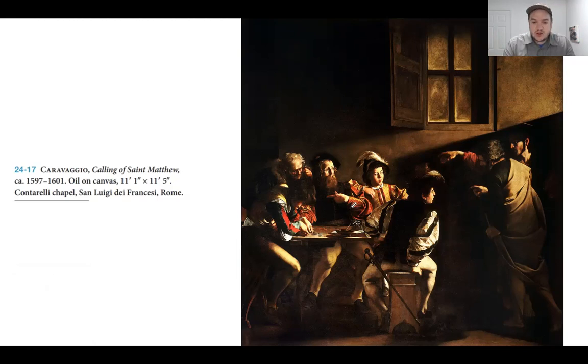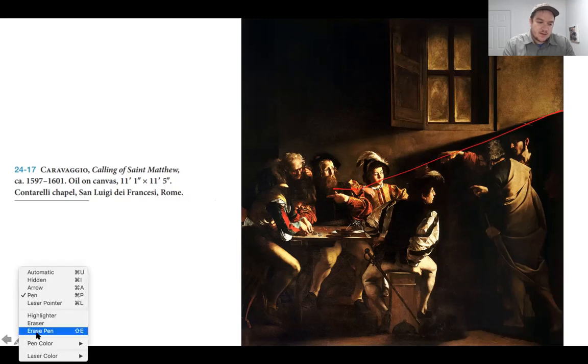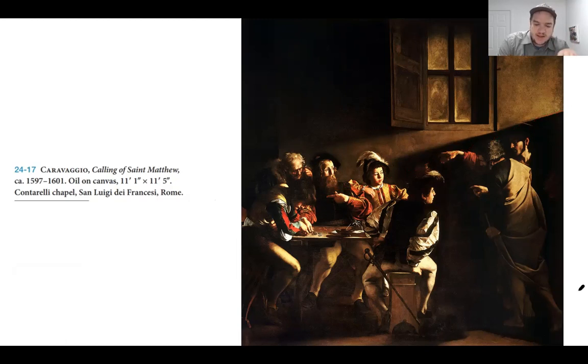So yeah, Jesus is calling on St. Matthew here, and we get this direction with the light pointing at him. The other trick that he does is called tenebrism, where it's a heightened chiaroscuro. It's not just light emerging from darkness, it's extreme.